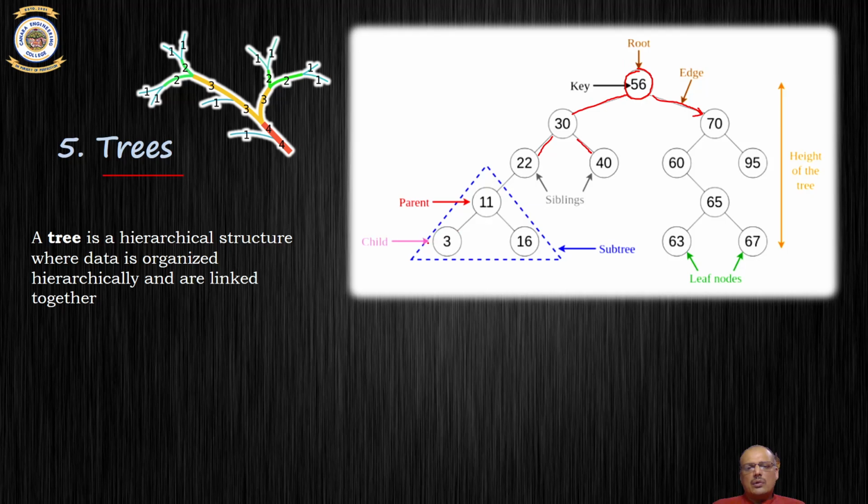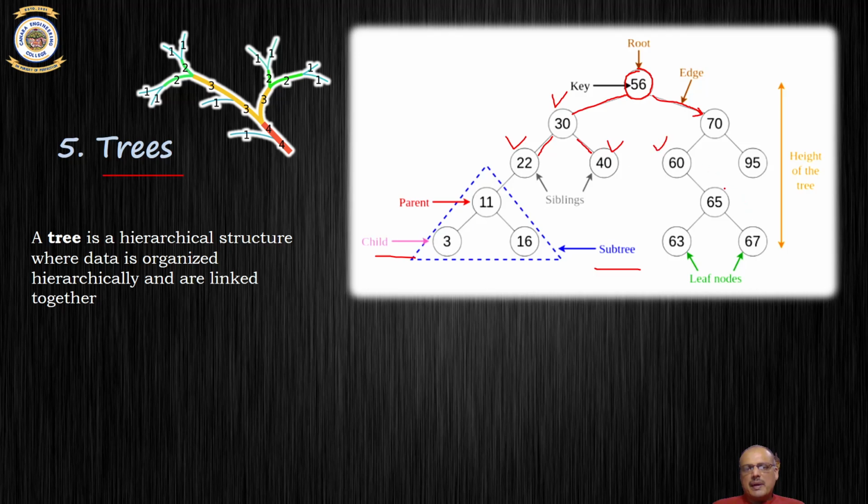Not only the root node, any node which precedes the nodes below it is called the parent node of the subsequent nodes, which are called the child nodes. A part of the entire tree is called a subtree. So this is called a parent, and these two are the siblings of each other. That is the concept.